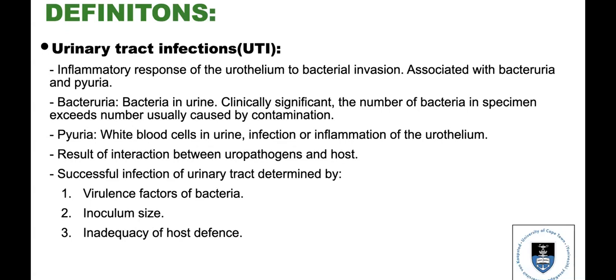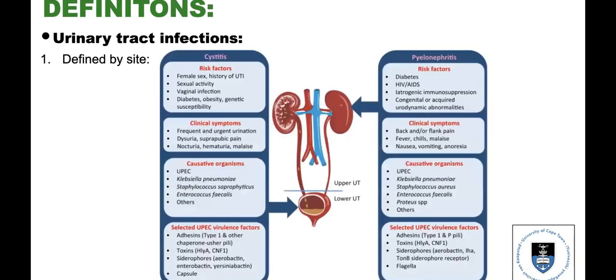Pyuria is white cells in the urine, which can be infectious or non-infectious. Basically, an infection will be a result of the interaction between the pathogen and the host. And a successful infection depends on the virulence of the bacteria, the inoculation size, and obviously the host defense mechanism.